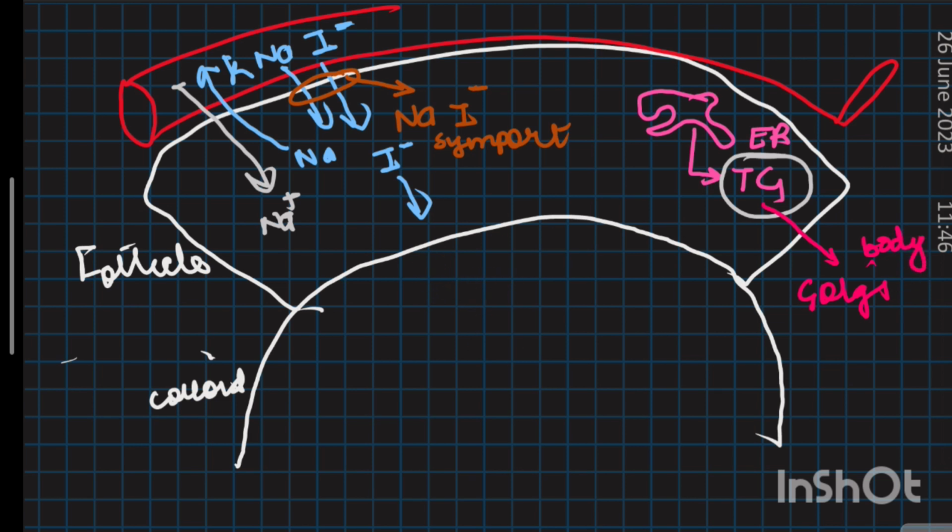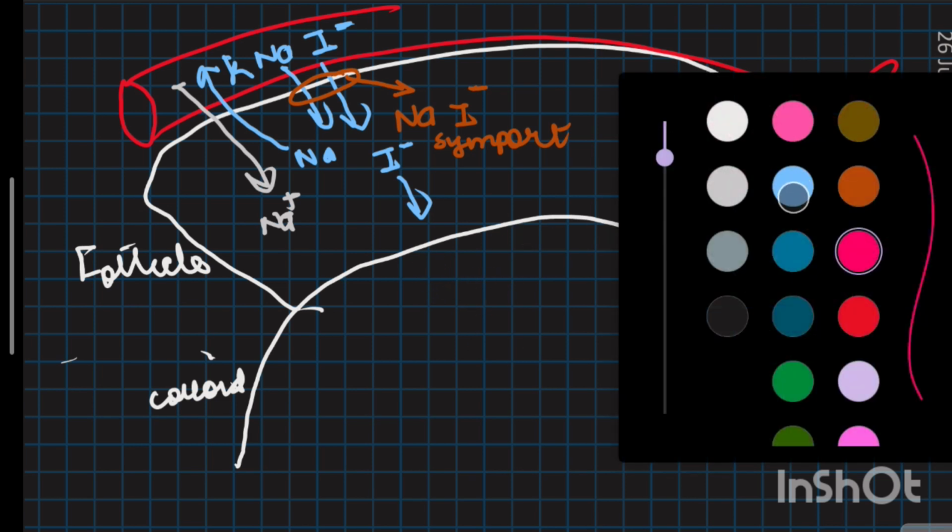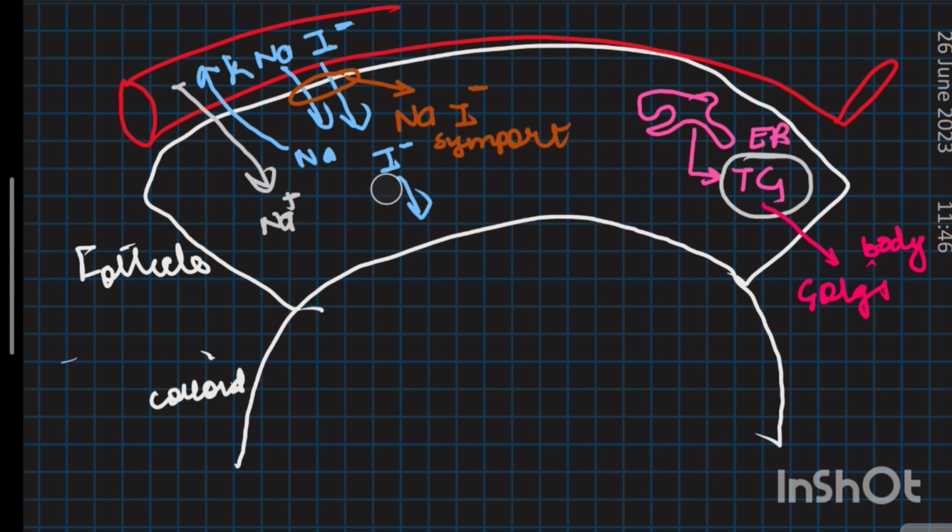Now here what happens is this iodide will enter the colloid from the follicle. But there should be something in exchange of iodide to enter colloid. So chloride ion from the colloid enters the follicle when the iodide is exiting the follicle.